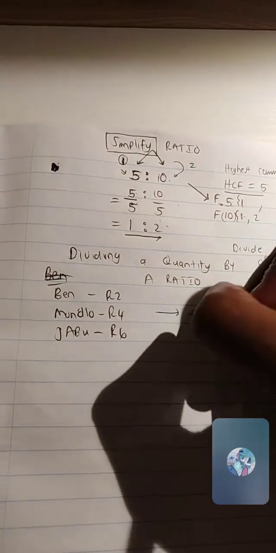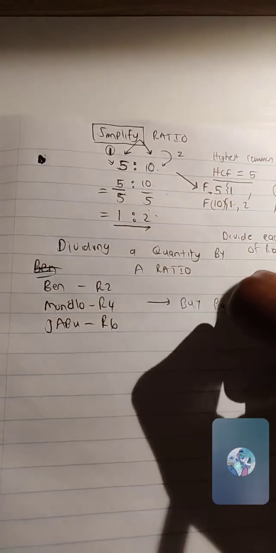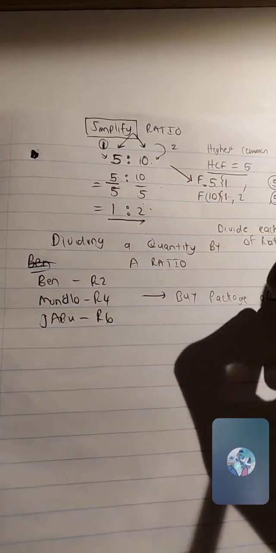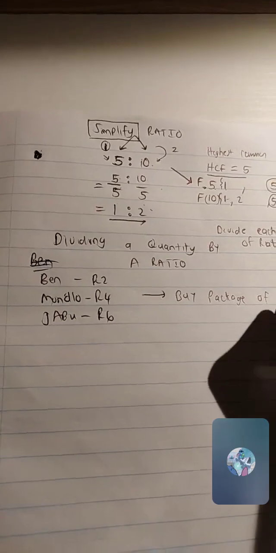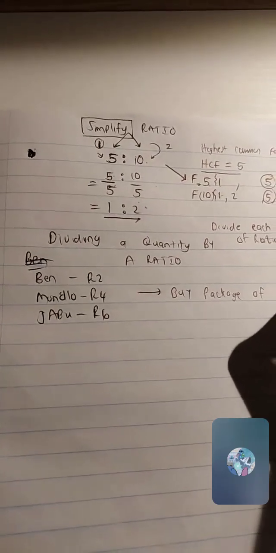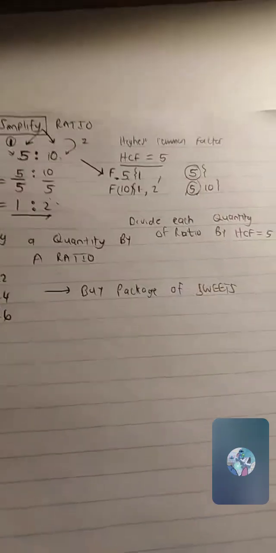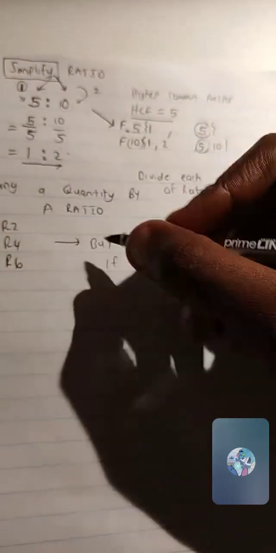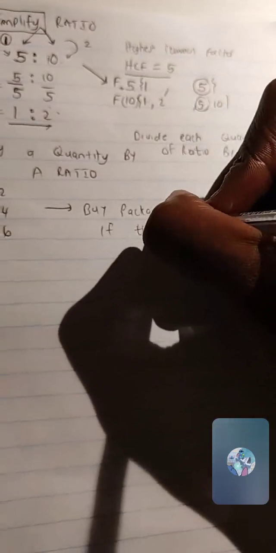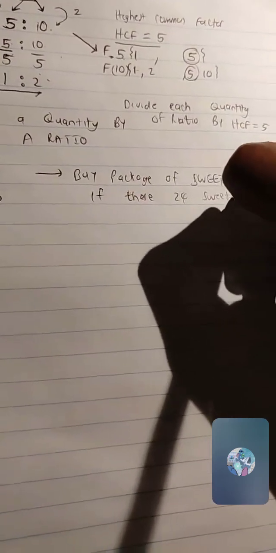They are buying a package of sweets, right? Now the question is, if there are 24 sweets in the package, how many sweets should each of them get?